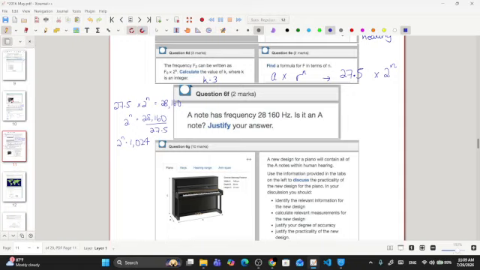So let's substitute specific values of n. Let's say n equals 5. We get 2 raised to the power of 5, which equals a very small answer of 32.